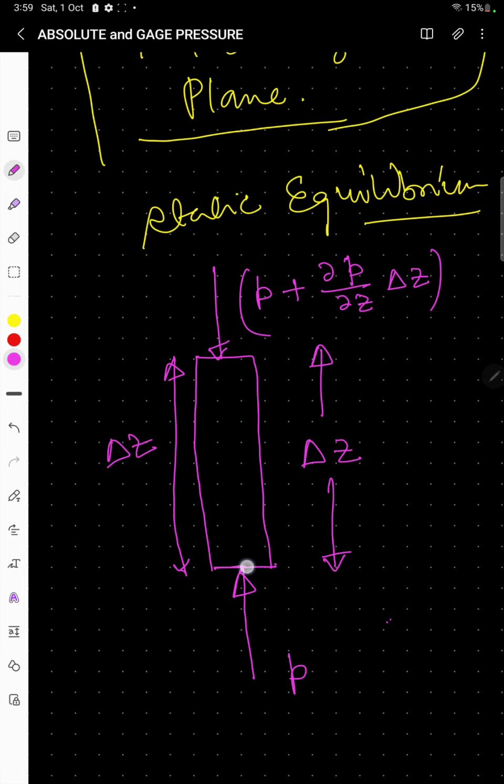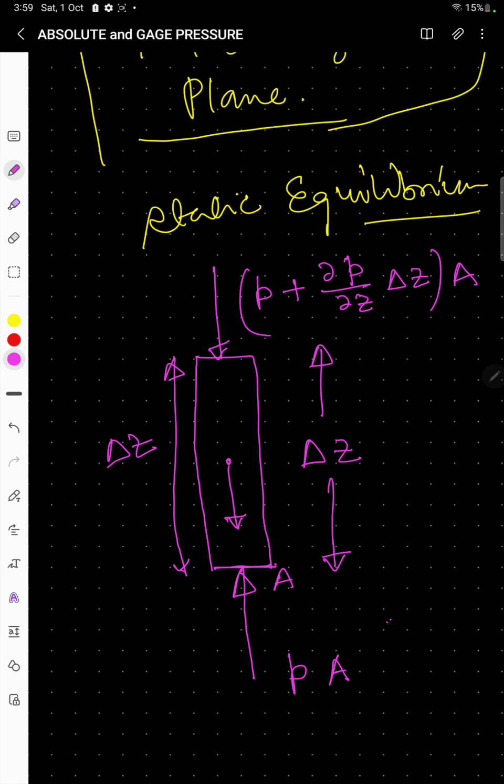Now the area of this cross section is A, so the force at this location will be P multiplied by A, and similarly this pressure multiplied by A. Now there is one additional thing coming into the picture, that is the weight of the fluid element, and this weight will act from the CG.